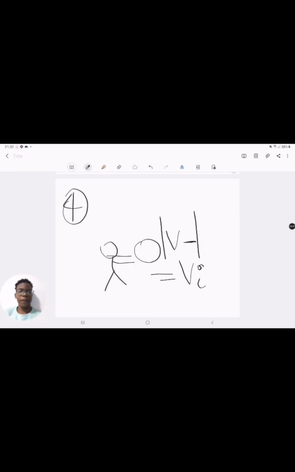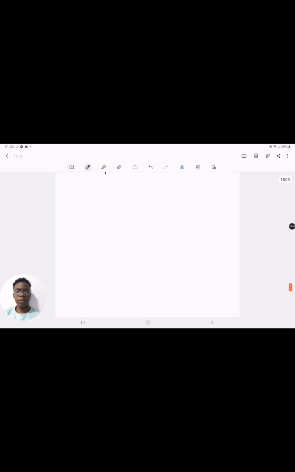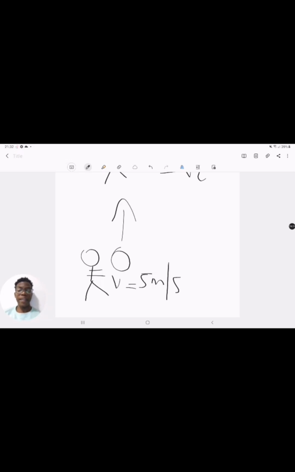So just to repeat myself again, I know I'm repeating myself a lot. If this ball has been thrown up with a velocity of 5 meters per second, by the time it gets back down to the same position, it will have a velocity of minus 5 meters per second. Okay, so that's how a vertical projectile motion travels.